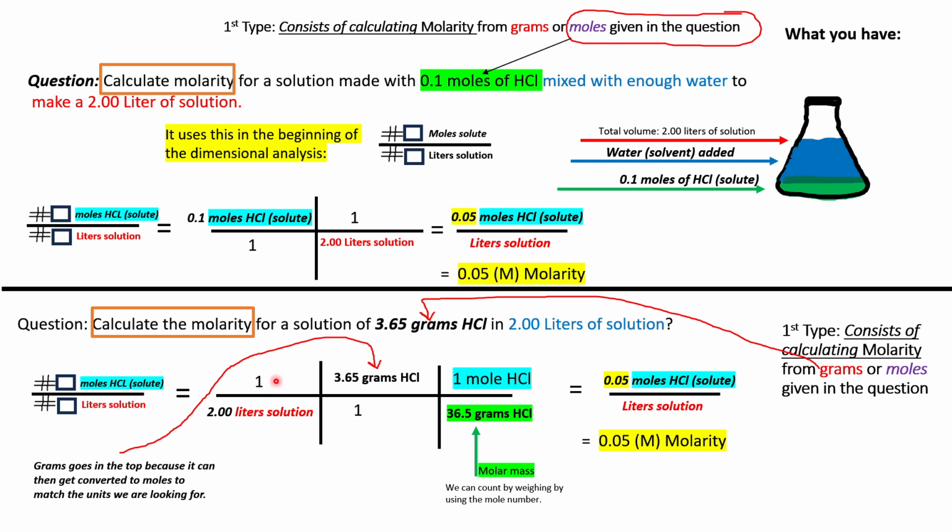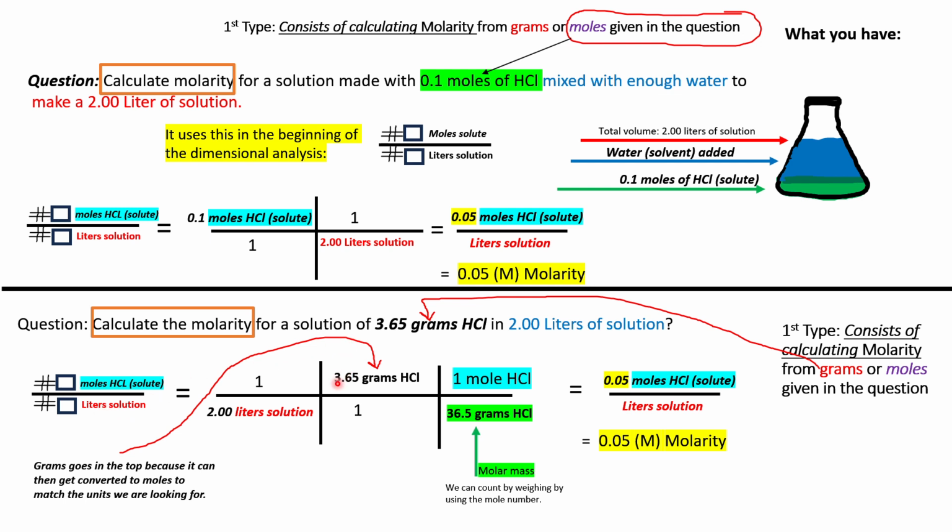So here we go. I have 1 over 2 liters of solution. This is not a conversion factor, so that's why I just put the little 1 in the top. And I'm basically done with the liters of solution because it's matching with what I'm being asked for over here on the left side.